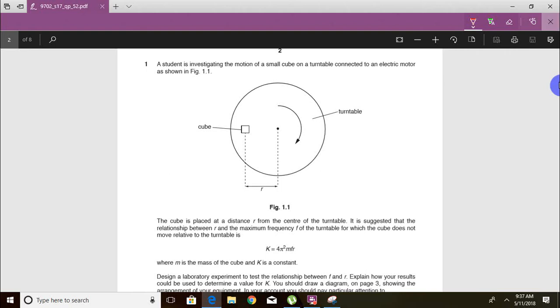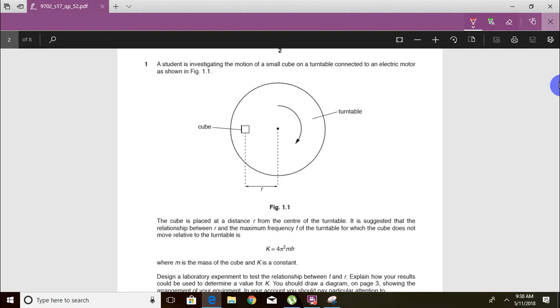Anything else? How are you going to position the cube at the same spot each time? Well, you can mark the center of the cube, and you can place that over that spot, because we want the distance to be the same.